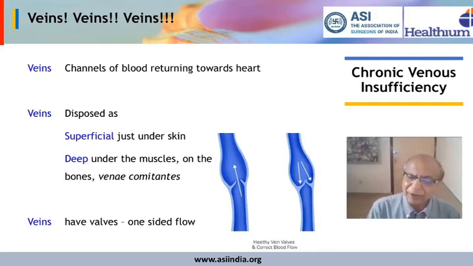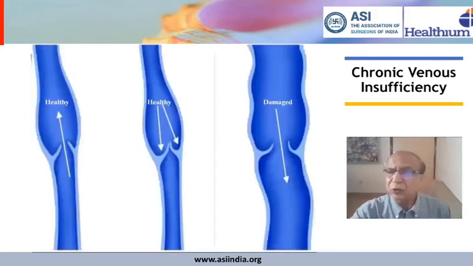Veins differ from arteries in terms of having valves. Valves are little teeny weeny fleshy masses that allow the flow of the blood in one direction, that is towards the heart. And if the blood turns to return towards the periphery, the valves close shut and do not allow this column of blood to fall down.